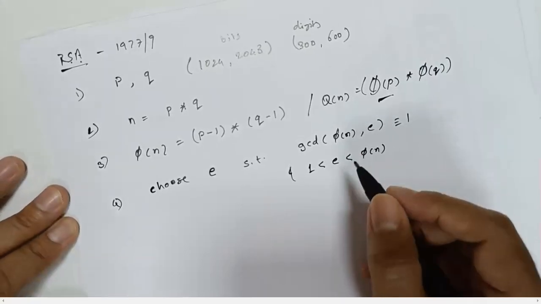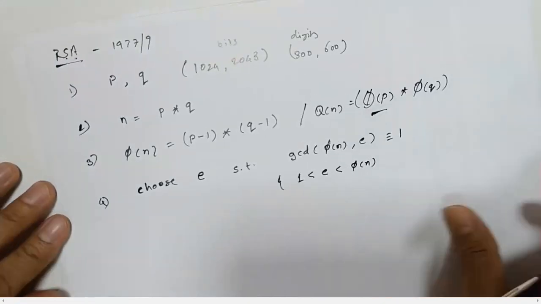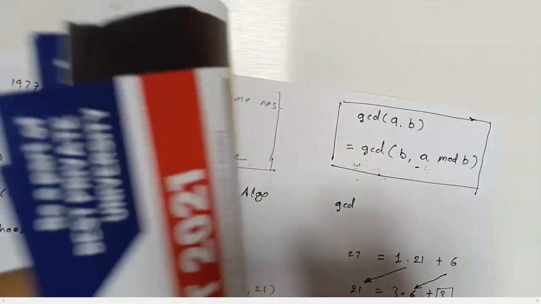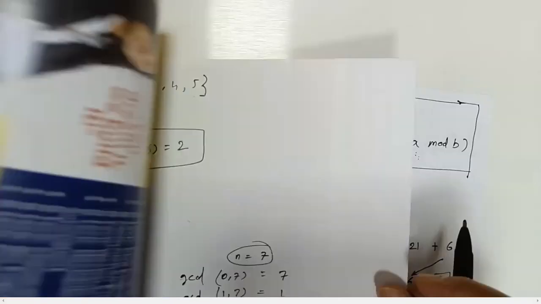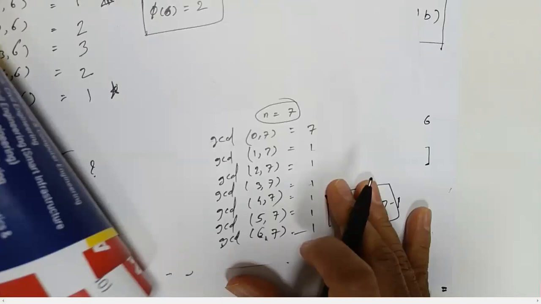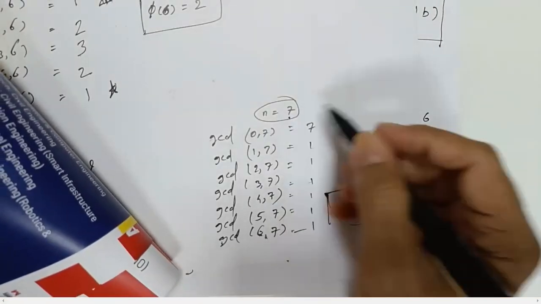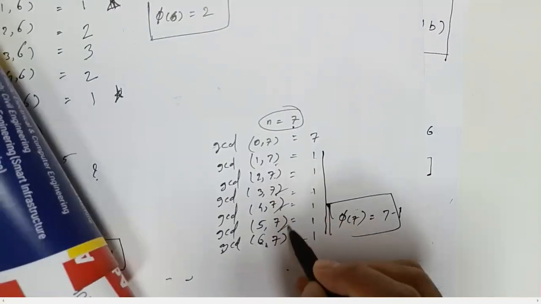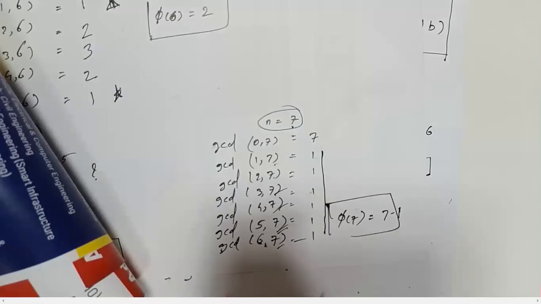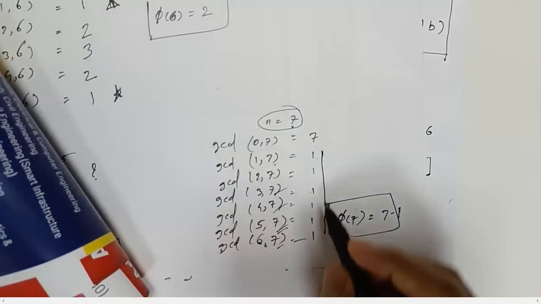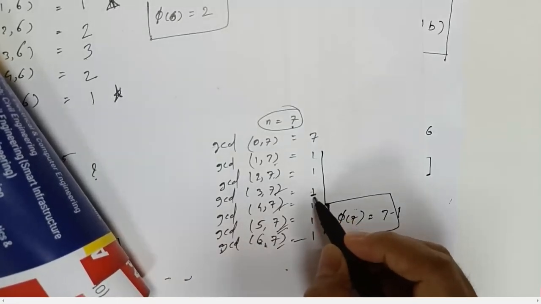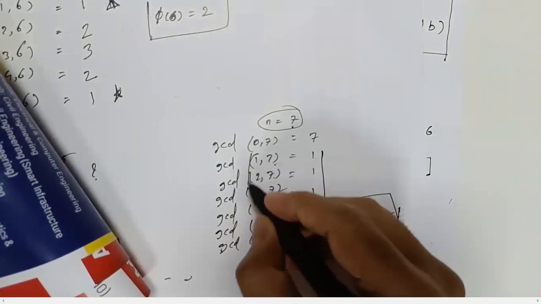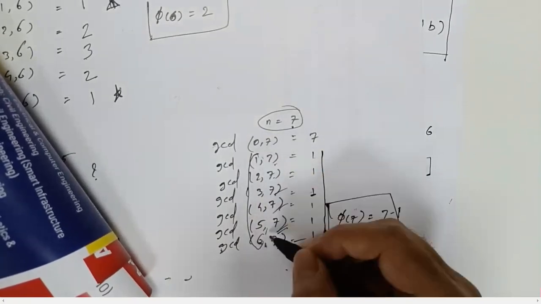Now, let us consider yesterday's last example that we have seen. Let's say n is 7. You have 6 such numbers for which the GCD with that particular number is 1. Now you have to choose any one from these numbers.